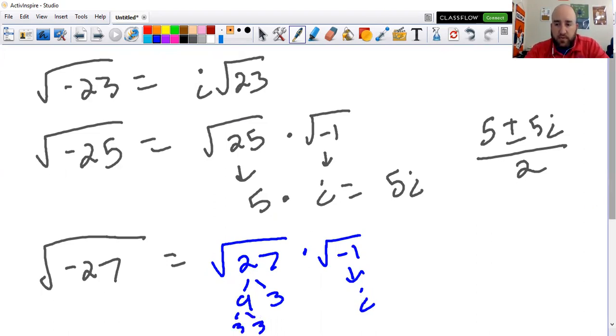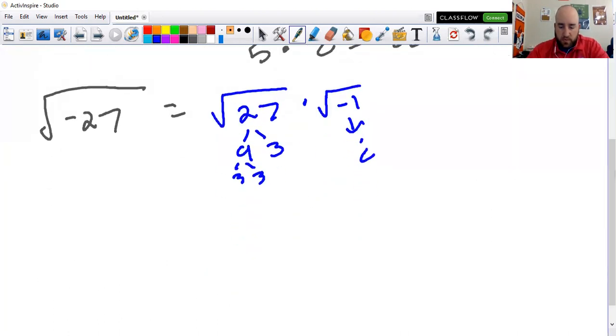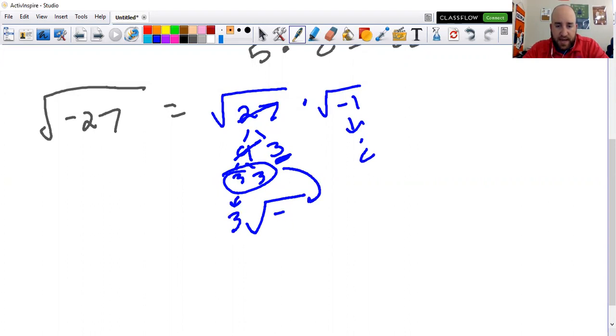So that crosses out. That's crossed out. So I've got three 3s. Two of them are going to pair up. That one's by itself. So if I'm rewriting it, for this pair of 3s, one goes outside, the single 3 goes inside. Still got to bring down my i.